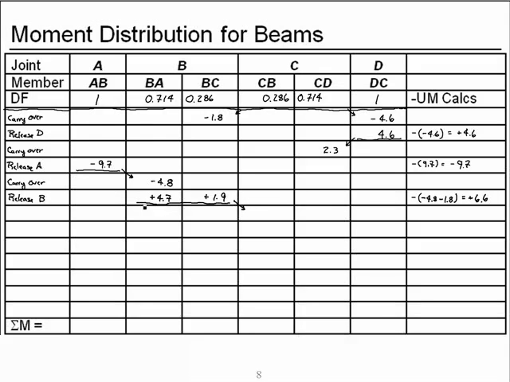We clamp it down, but there is carryover moment to the other end when we let B rotate. And so to node A, end of member AB, we get a positive 2.4 once we round off, and to node C, end of member BC, the carryover rounds off to a 1.0 foot kips.